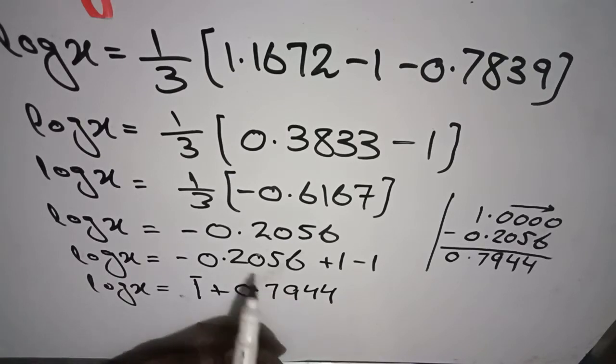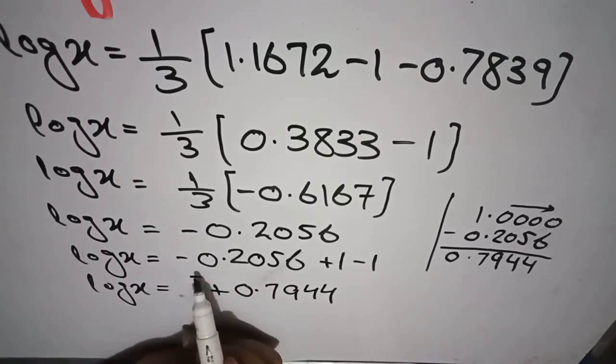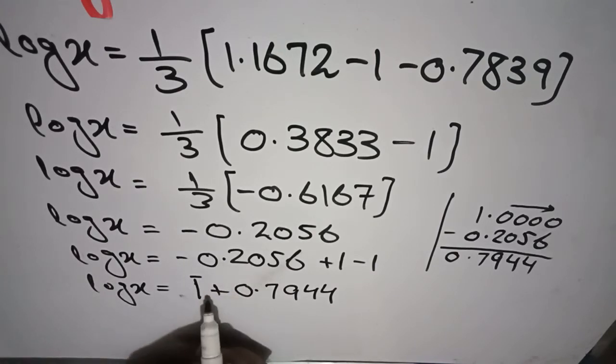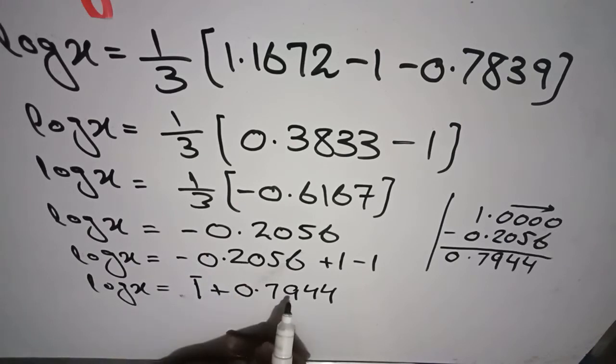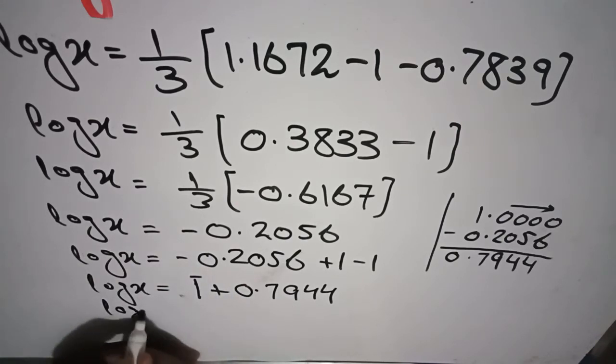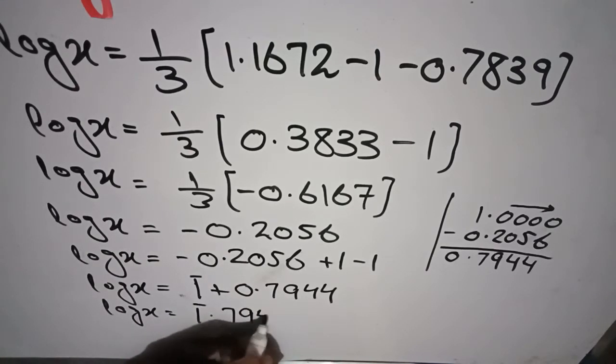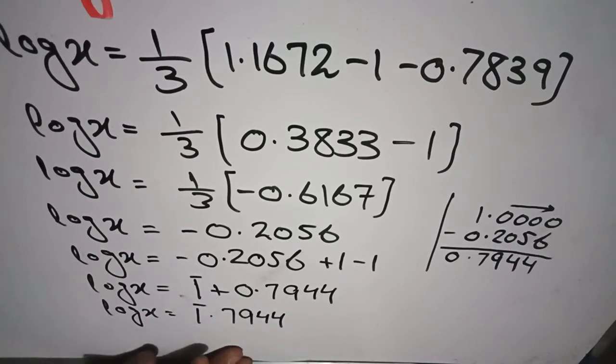We have to take a non-zero digit before the decimal point. Here this is the characteristic and this is the mantissa. By adding both these values you can write 1.7944, and now it will be possible to take the antilogarithm.